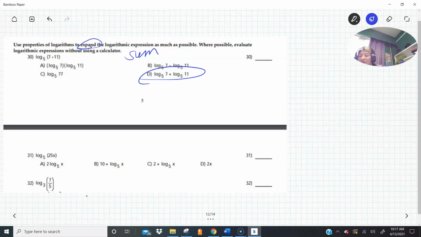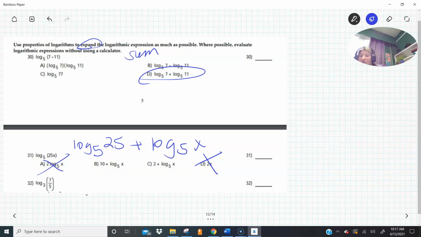This is also a multiplication problem, so it has to be added. It can't be A and it can't be D. Those are not a sum. Which one is it? It's log base 5 of 25 plus log base 5 of x.